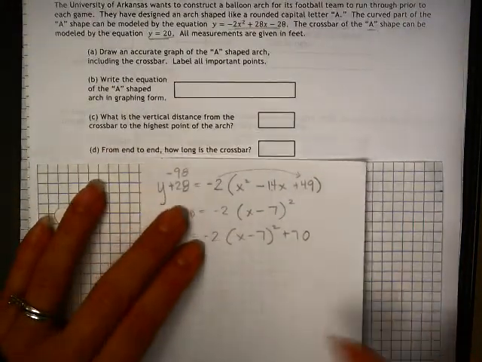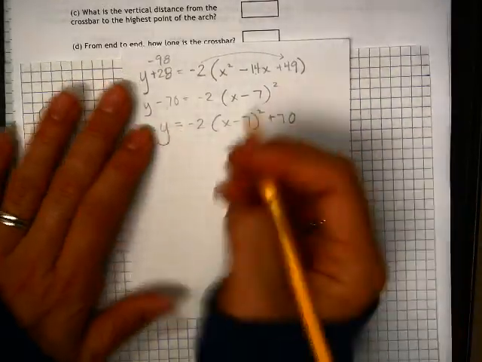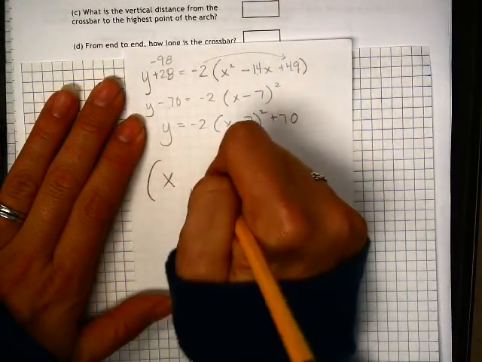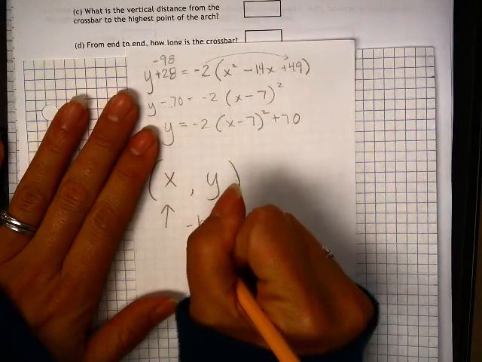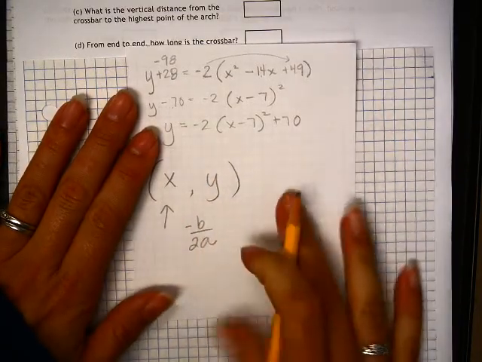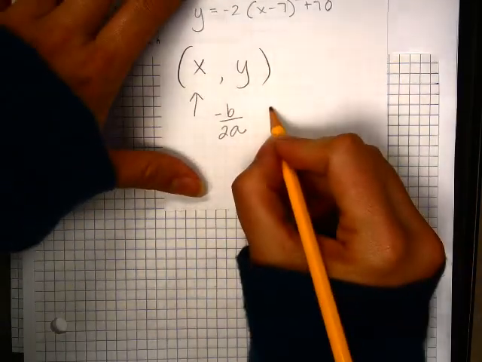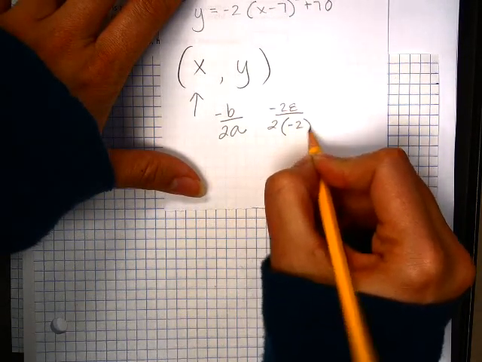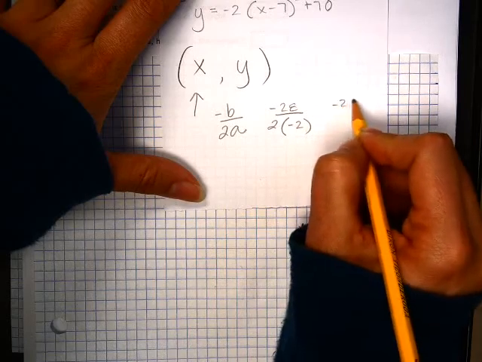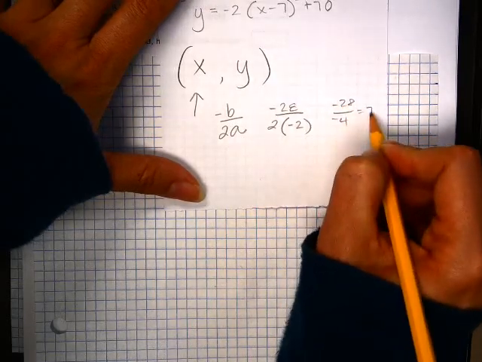To solve for the vertex, my x value and my y value, for my x value, I can put in negative b over 2a. So let's look at that. Negative b would be negative 28 over 2a, which is negative 2. So that gives you negative 28 over negative 4, which is 7.